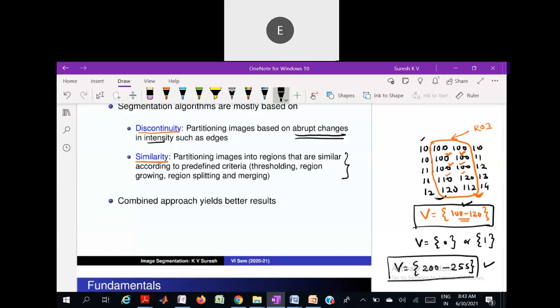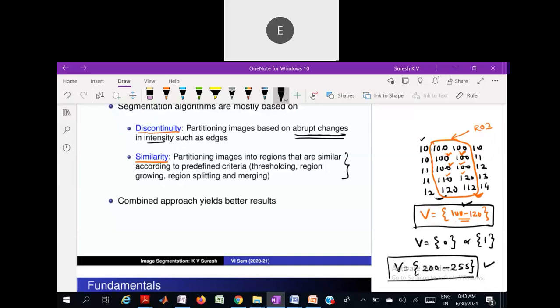So I repeat, there are two ways of doing segmentation. One is by using discontinuity. That means you detect the edges, put a boundary, and say that is a segmented part, and the edges are detected based on abrupt changes. The second one is you detect the similarity region.